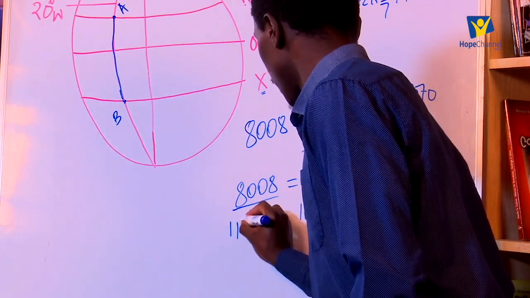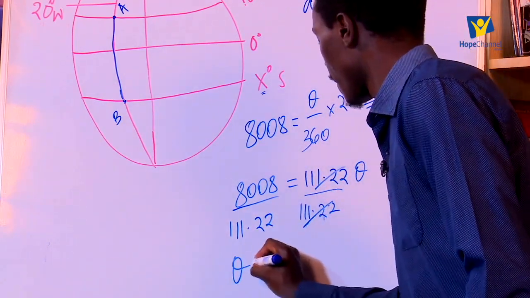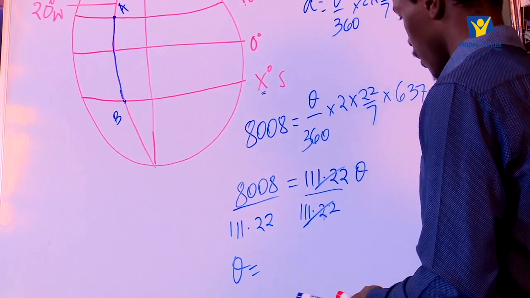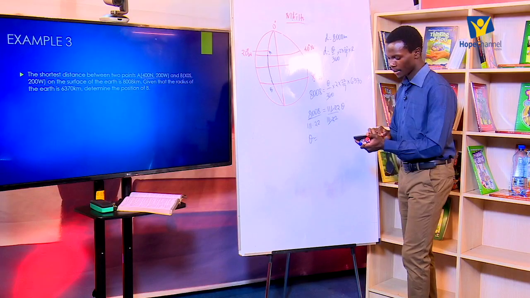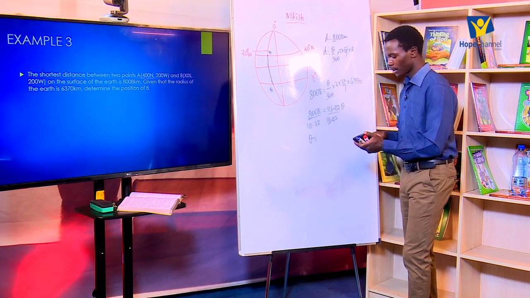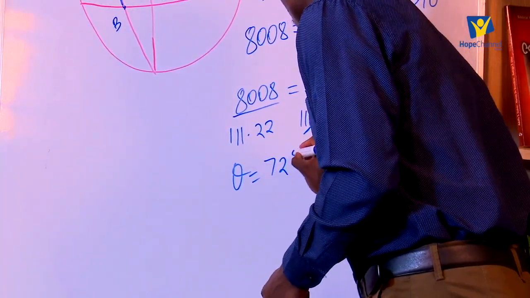So to get the value of theta, we'll divide both sides by 111.22. So theta is equal to what? We have 8008 divided by 111.22, which gives us 72 degrees.